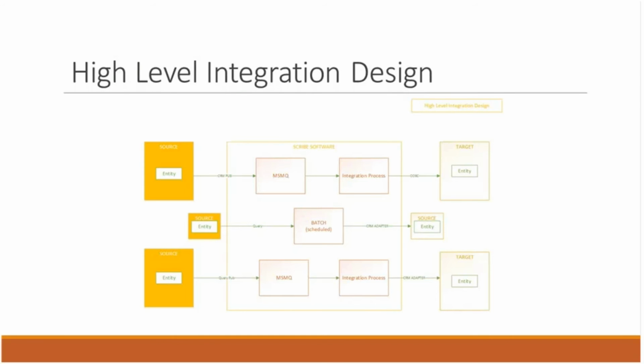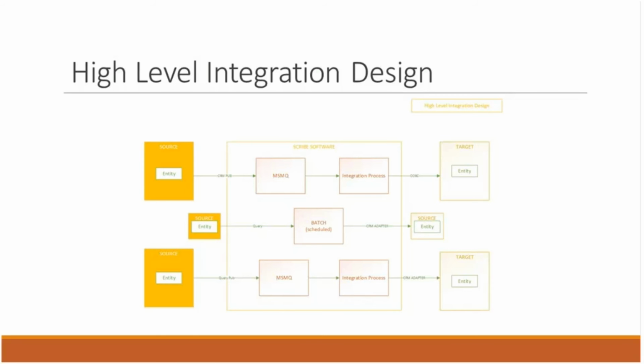I hope that's readable. This is the high-level integration design. So on your left side, in nice bright yellow, you will see the source. Now in the middle is your Scribe software. It could also be ESB or BizTalk or TIBCO in this case. And on your right side you have the target.